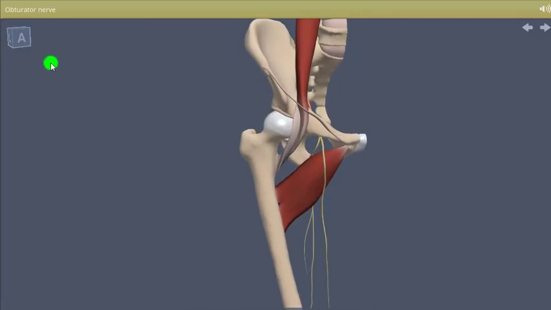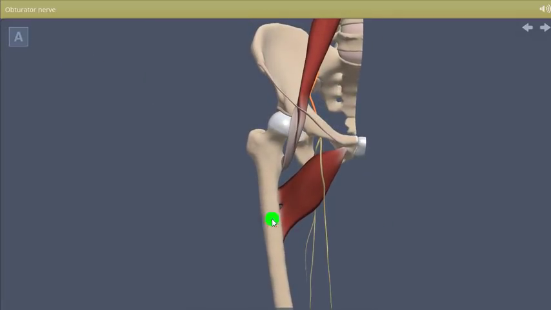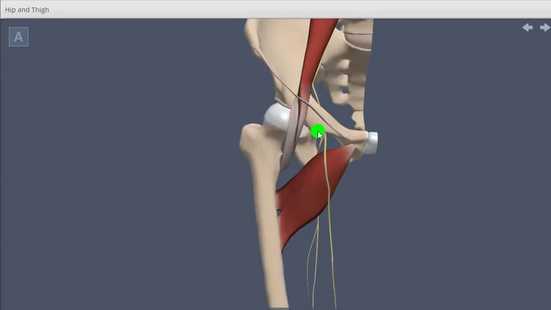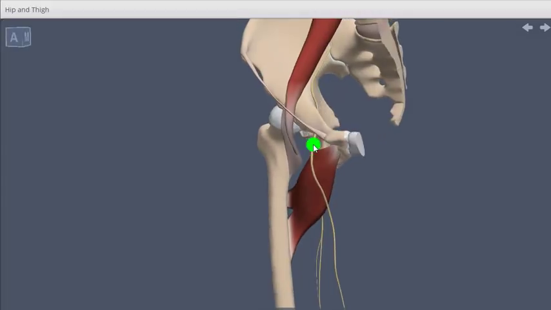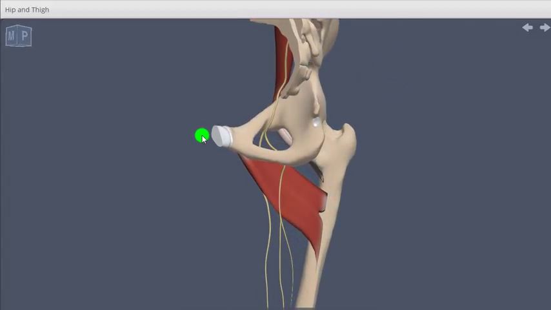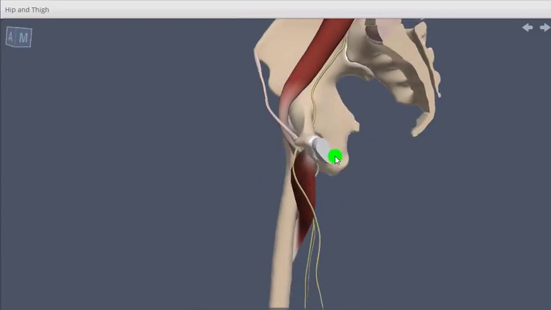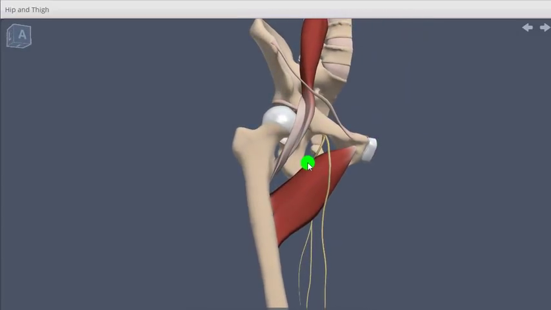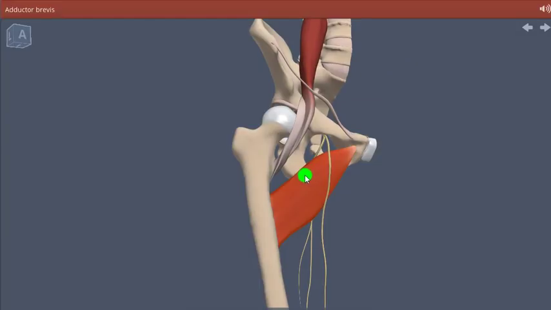The obturator nerve supplies most of the muscles in the medial compartment of the thigh. So the course of obturator nerve, it enters the medial compartment of the thigh by passing through obturator canal, and then it divides into two divisions related to adductor brevis muscle.